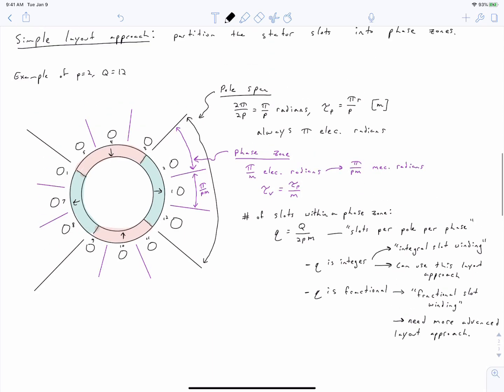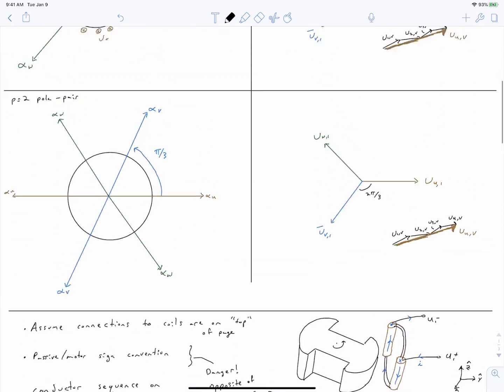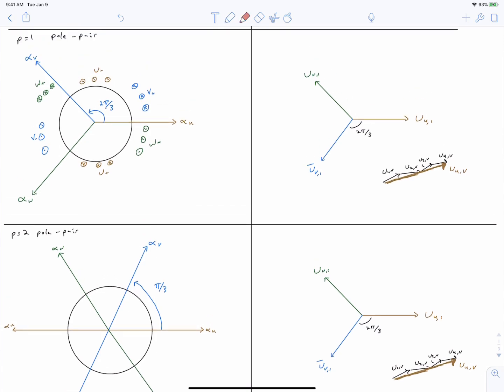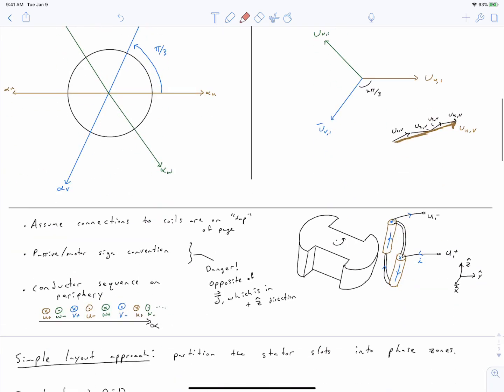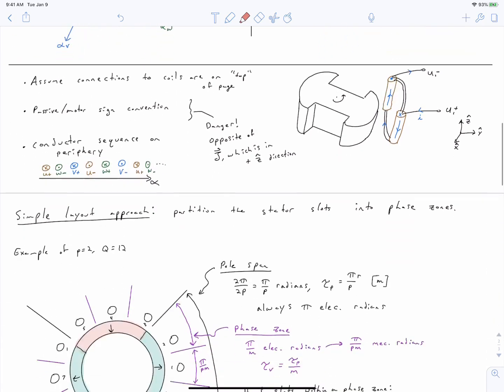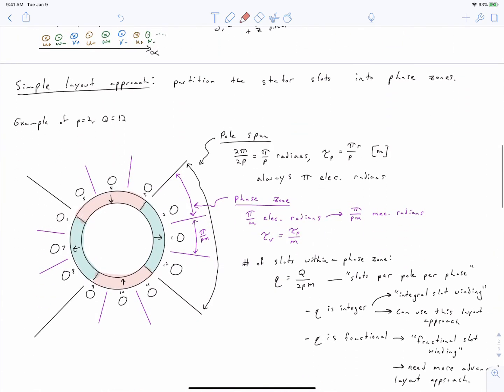So what we're going to do to lay this winding out is we're going to go back to our observation up here that what we want is to have coils arranged around the periphery of our stator in this sequence of U plus, W minus, V plus, U minus, W plus, V minus. And so we indicated that sequence down here, and we'll assign each of those terms to each of the phase zones.